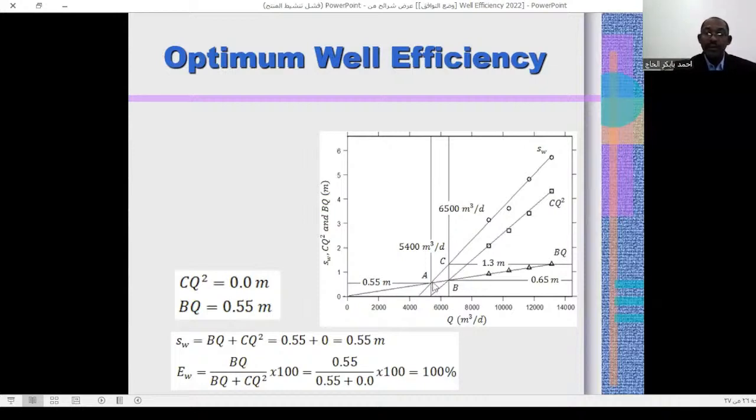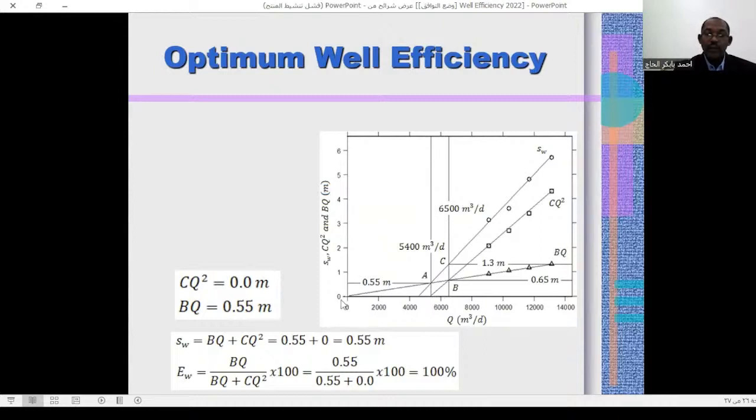In point A, BQ equals 0.5 and optimum Q is 5,400 cubic meter per day. Well efficiency equals 0.5 divided by 0.5 plus zero, which means well efficiency equals 100% at this point.